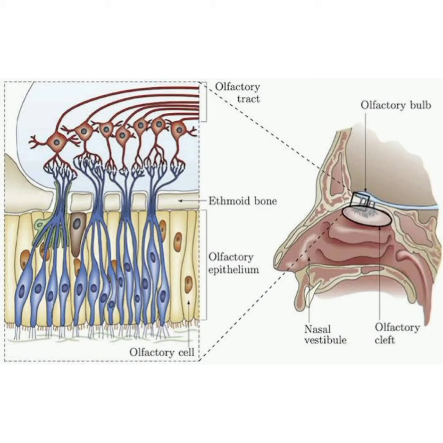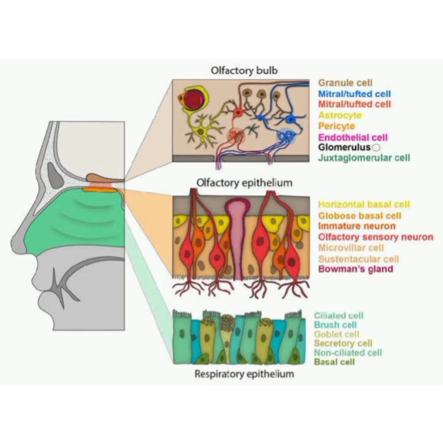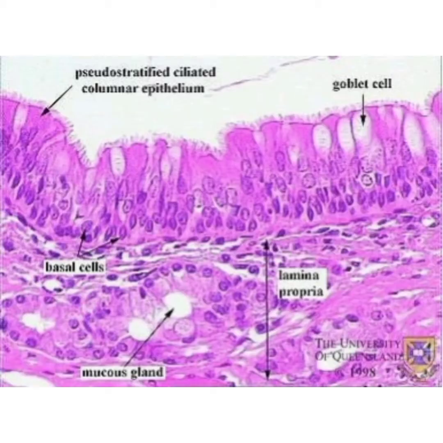The nasal mucous membrane, or the epithelium of the nasal cavity, except for the upper portion, the superior concha, that is, the epithelium of the middle and inferior concha, is the respiratory epithelium, which is nothing but ciliated pseudostratified columnar epithelium. Whereas the superior portion of the nasal cavity is lined by olfactory epithelium.